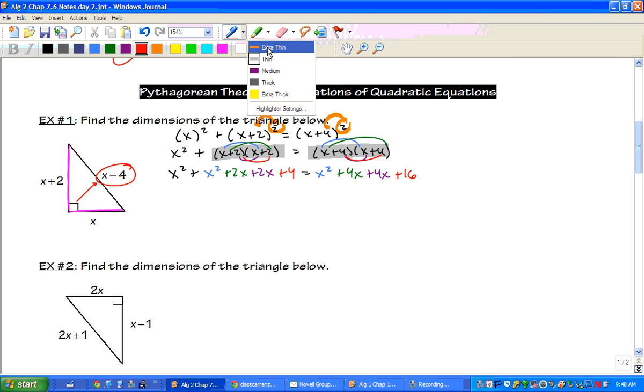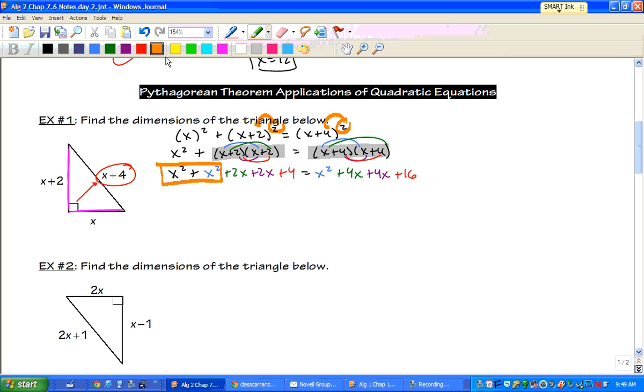Okay? Now that we've done that, we're going to look for our like terms on each side so we can combine them up. And over here, we've got some like terms too. So we get 2x squared plus 4x plus 4 equals x squared plus 8x plus 16.